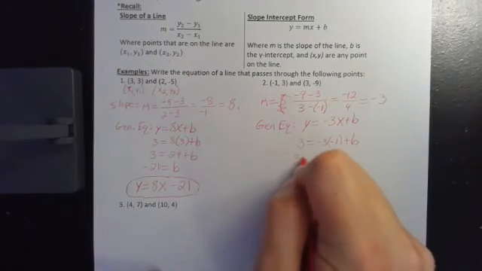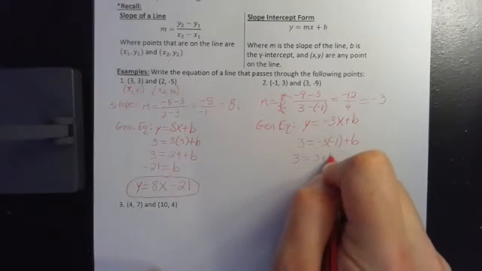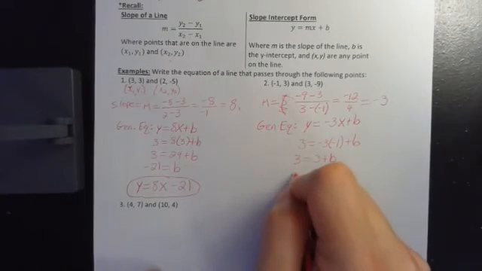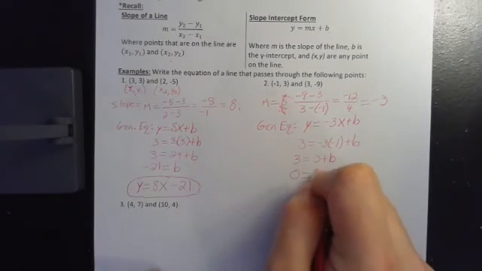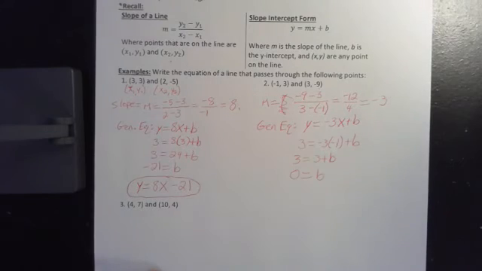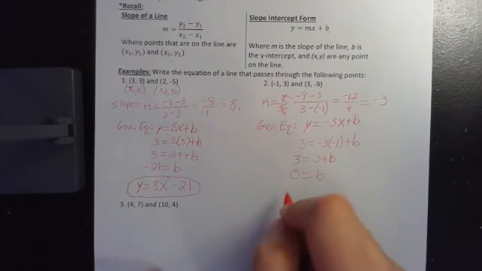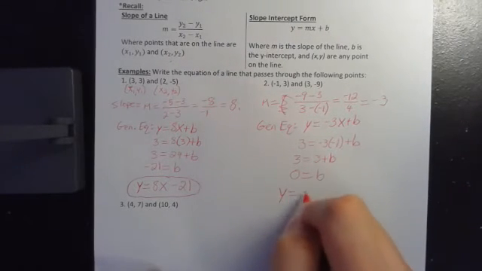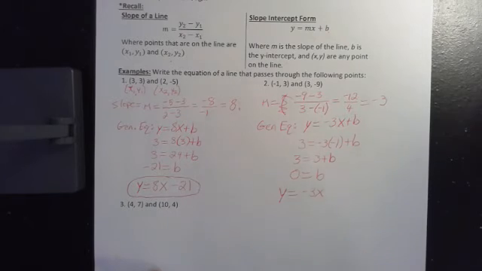So I have 3 is equal to 3 plus b. If I subtract 3 from both sides, I get that my b value is 0, which means your y-intercept is 0, which means that your line passes through the origin. So take note of that. And our equation is going to be y is equal to negative 3x plus 0, or we could leave it as negative 3x.